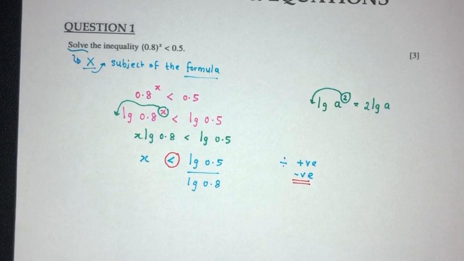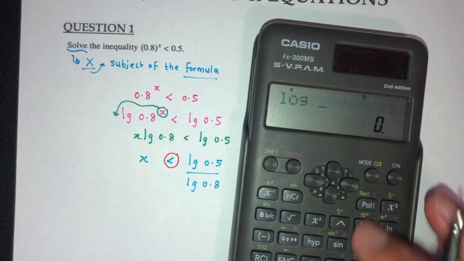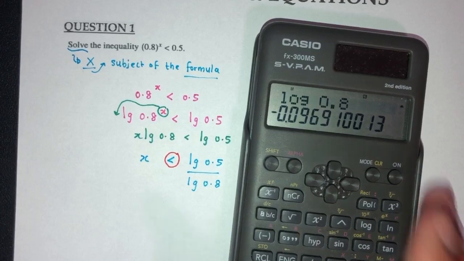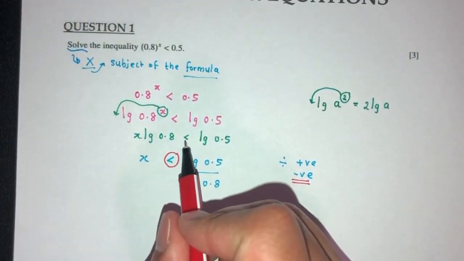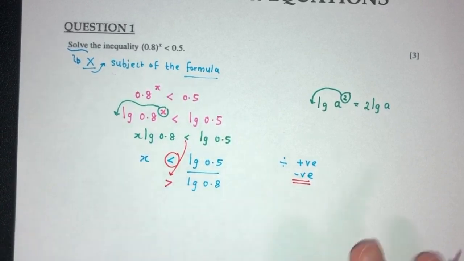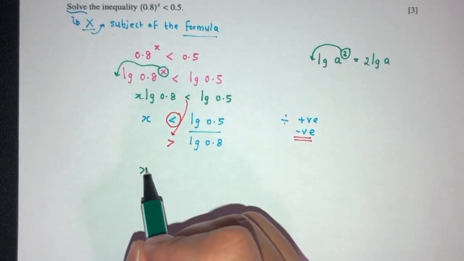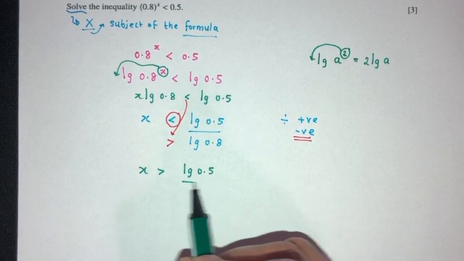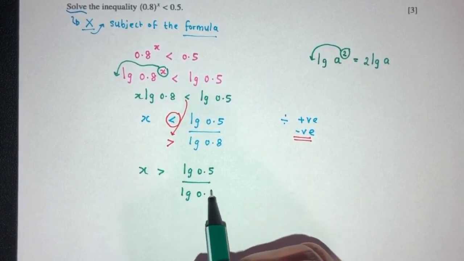Now let's check. What is log of 0.8? It is a negative value. So it means that this sign should become this way. Alright, cool. So let's rewrite this. X will become more than log of 0.5 divided by log of 0.8.